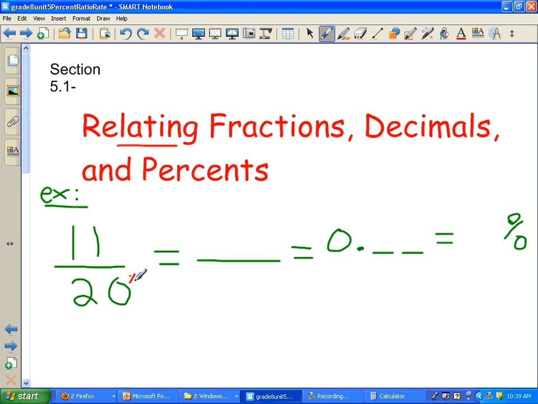So I'll multiply this by 5, because 5 times 20 is 100. So I'd better do the same thing with the top. 5 times 11 is 55. So 55 hundredths. I will change that to 0.55, which is 55%.